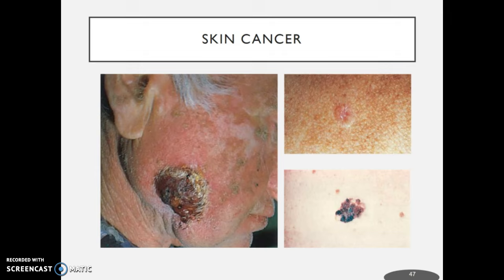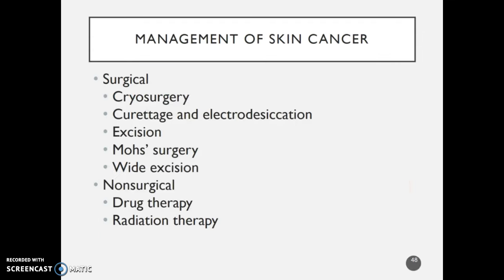Now, when you start looking at some of these lesions that are very dark in color, particularly the one on the bottom right, that is a melanoma. The one on the left is a squamous cell carcinoma. So those really irregular edges and often dark purplish black colors are usually ones that need to be seen by a dermatologist.